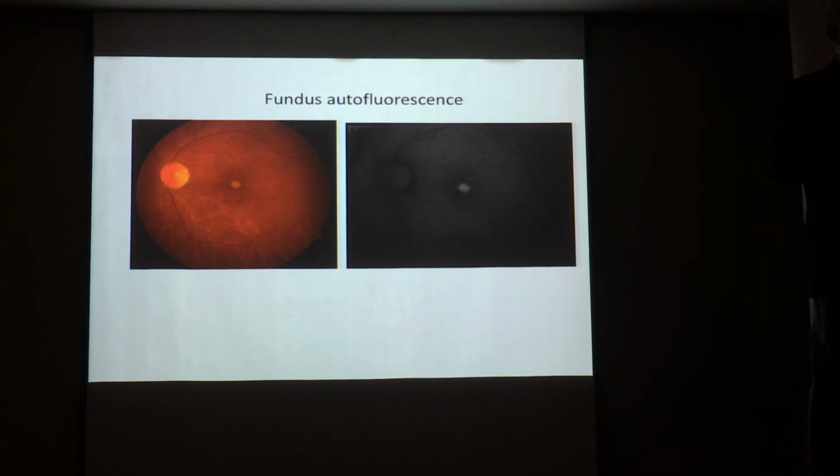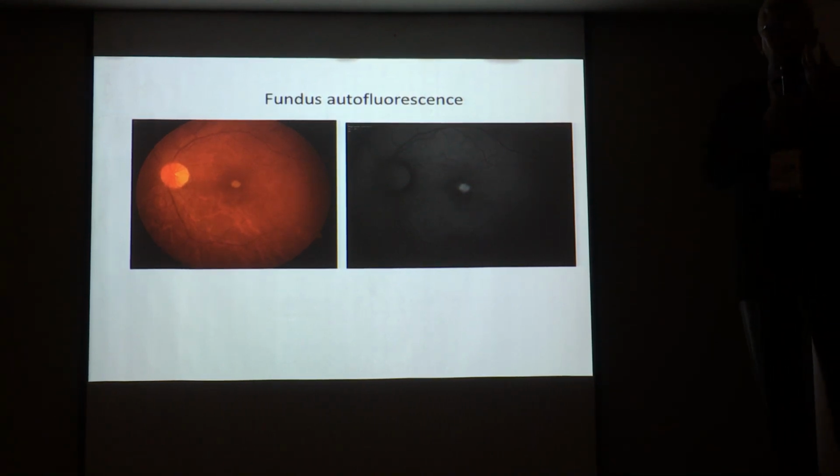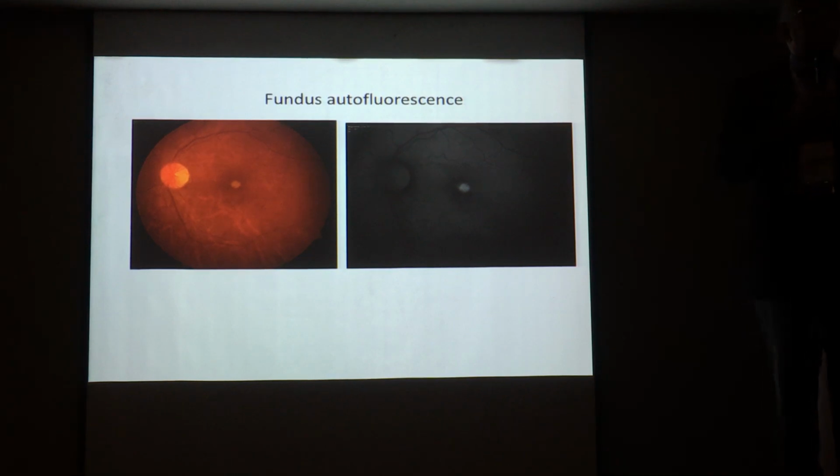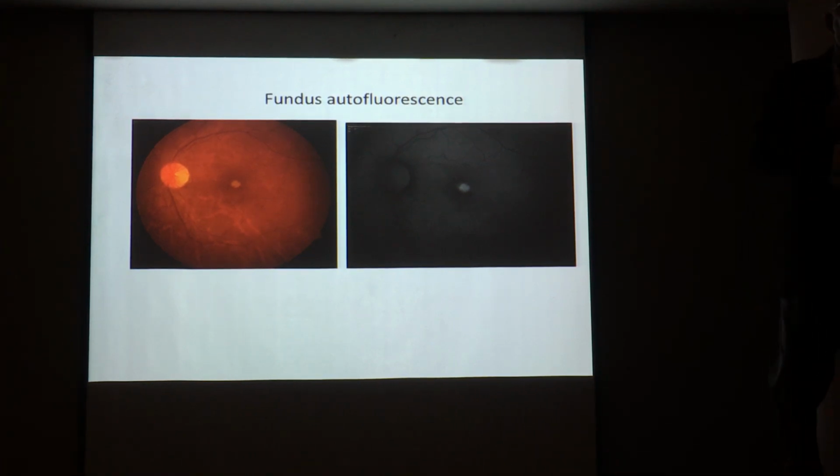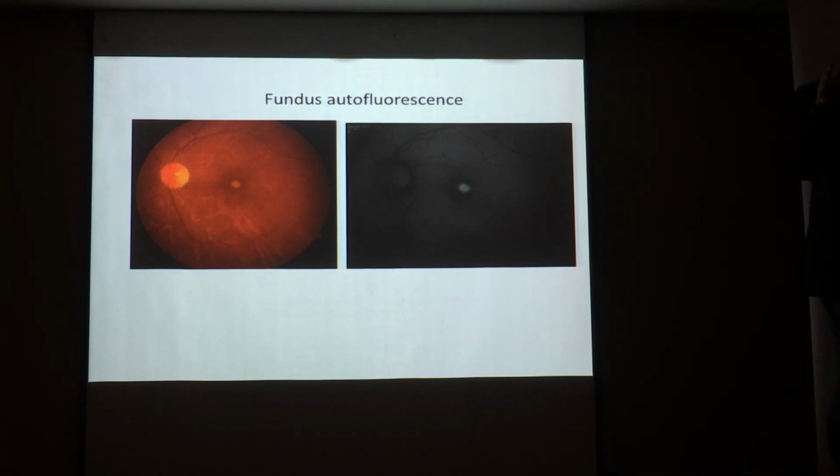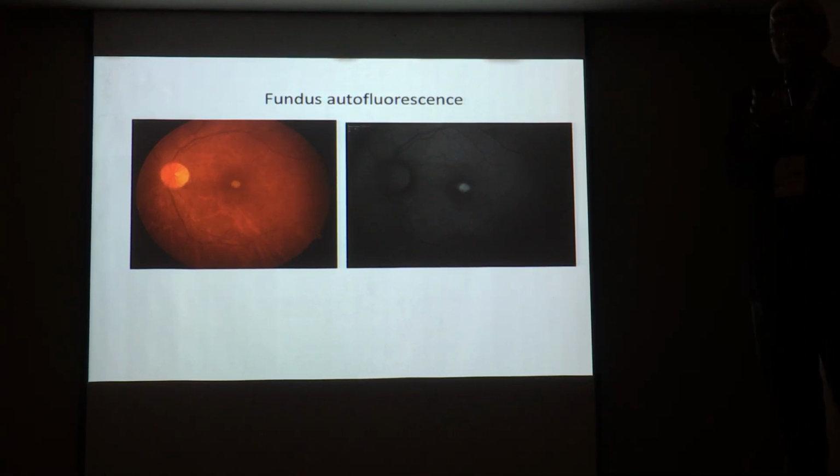If you put them under a microscope, they will not have any hemoglobin, they're just the outer shells of RBCs, and they become hyperautofluorescent. So you should always use these tricks that are available very easily.